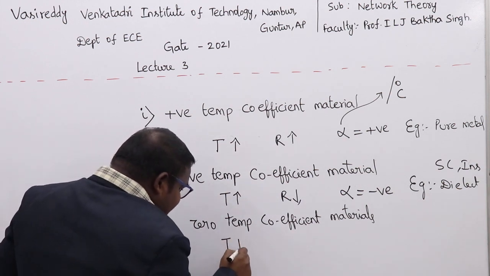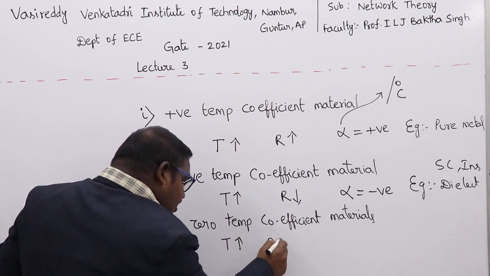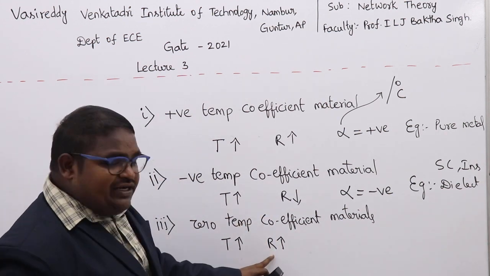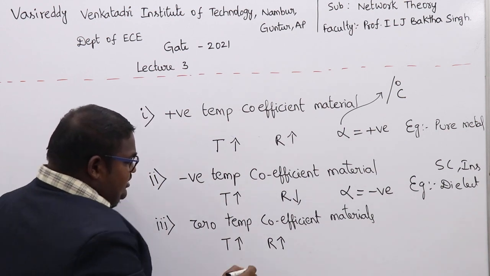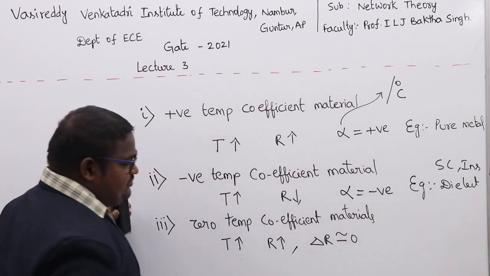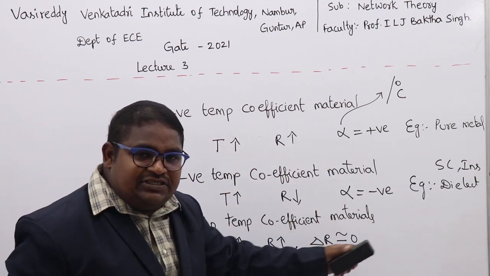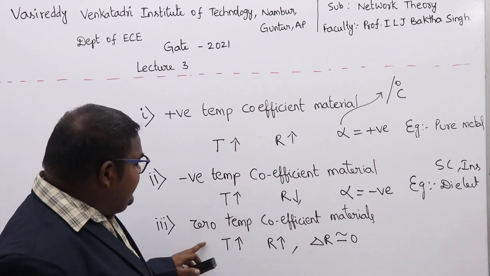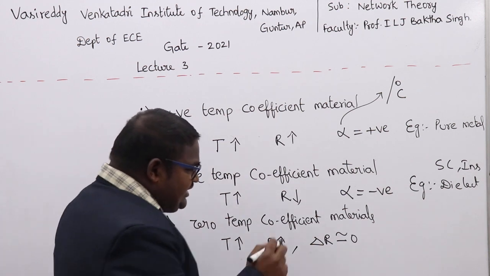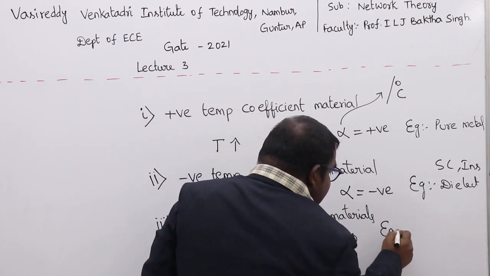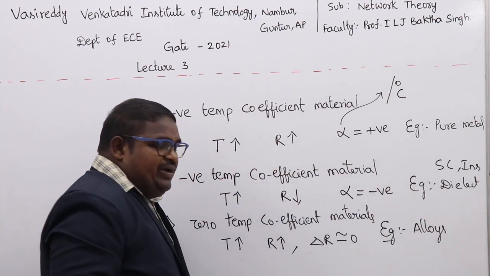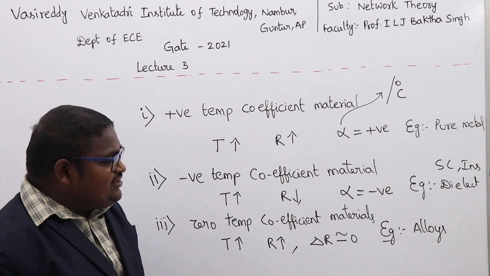When temperature increases, resistance also increases, but the change in resistance is negligible. Such material is called zero temperature coefficient material. The best example for such material is alloys.